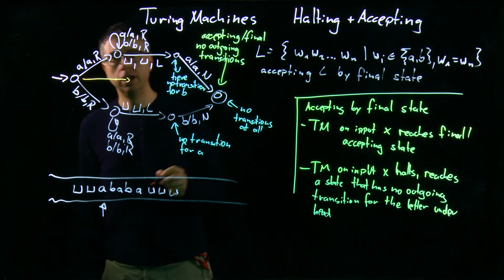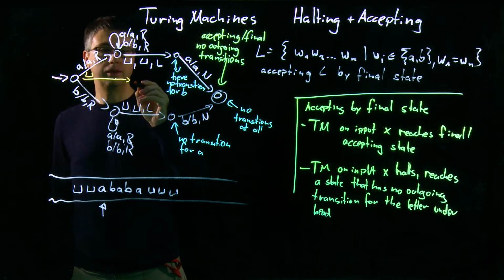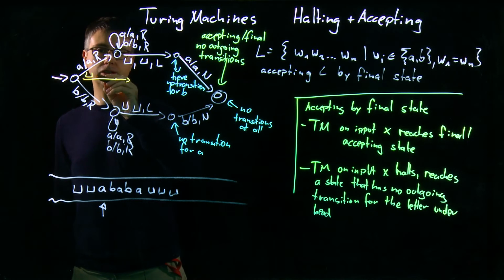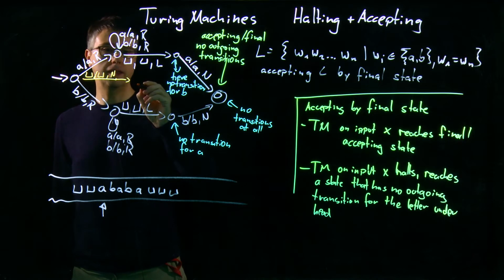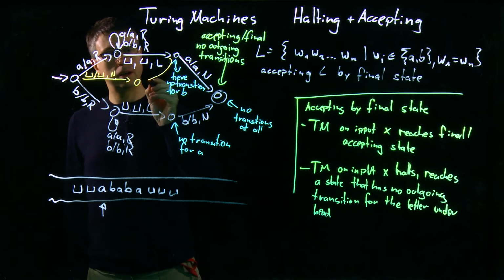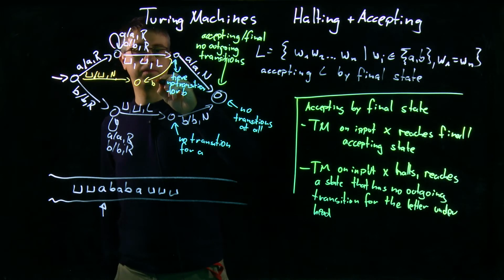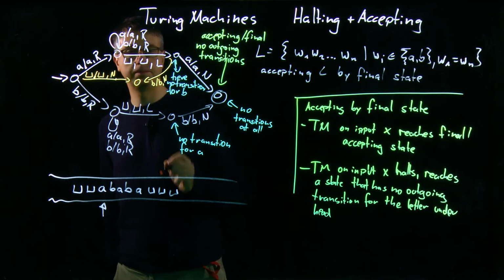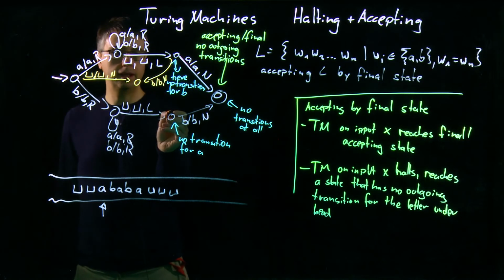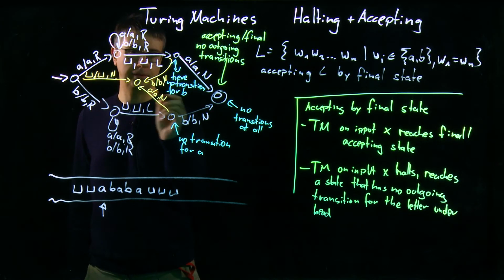There's no outgoing edge for the case that we have the empty word. So we would have to add a transition, and if we encounter a blank immediately, then we do nothing, go to this state here. Here, if we encounter a B, we do nothing and move here. And if we encounter an A, we do nothing and go here to this state.